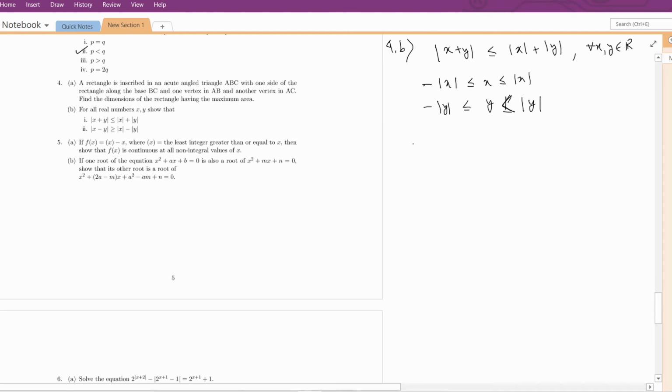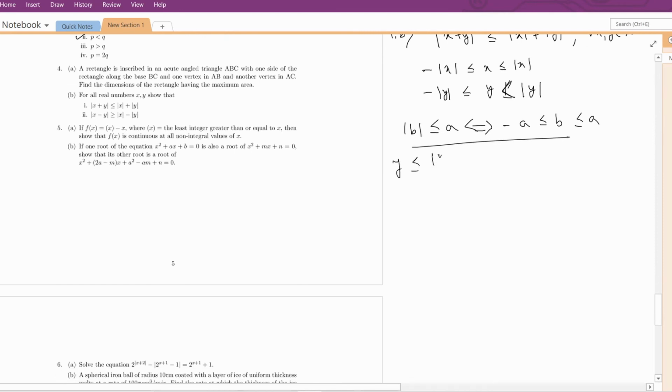Now we are going to use this theorem which says that mod of b is less than or equal to a if and only if minus a is less than or equal to b, which is less than or equal to a. We are going to use this property here. Y is less than or equal to mod y.